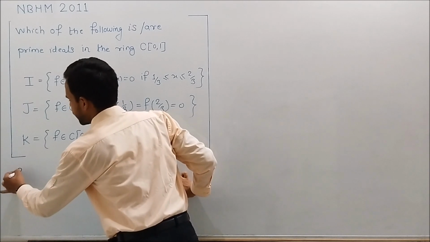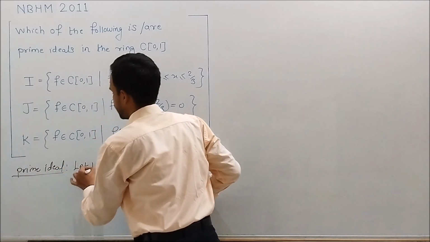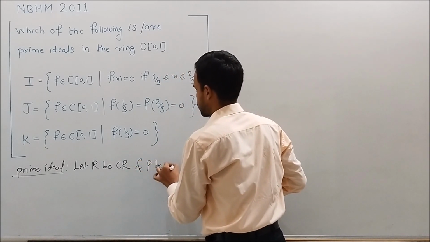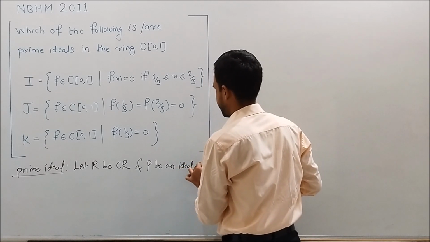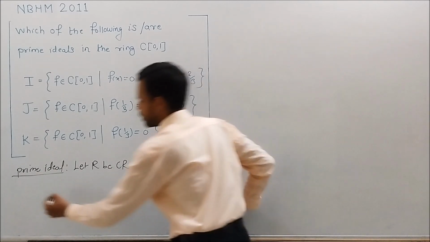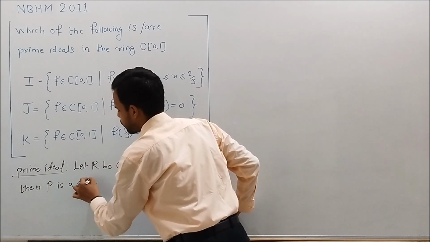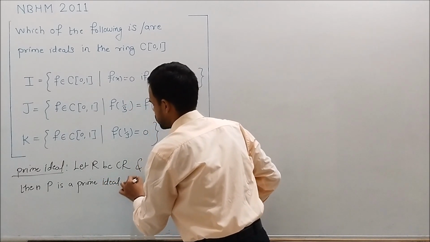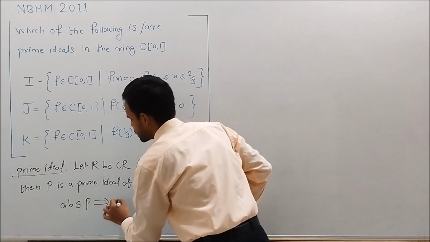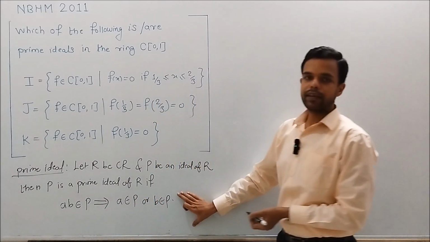Let's recall the definition of a prime ideal first of all. Let R be a commutative ring and P be an ideal of R. Then P is a prime ideal of R if ab belongs to P implies a belongs to P or b belongs to P. This is the standard definition of a prime ideal.